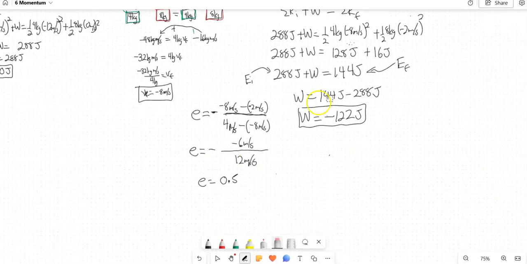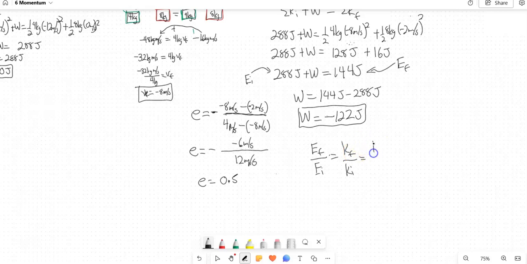So let's see how that is related to our energy. If we take a proportion of final energy to initial energy, that is our final kinetic energy over our initial kinetic energy, which is putting together what E really is.